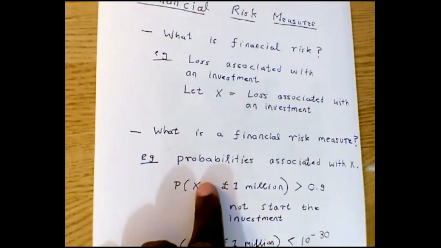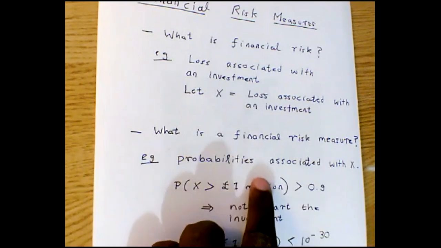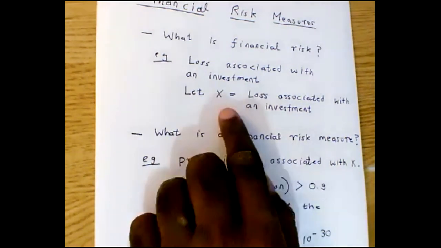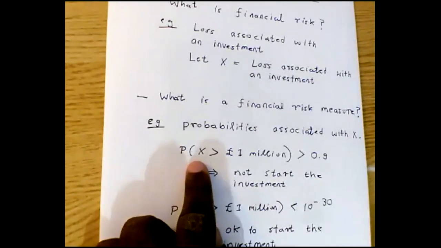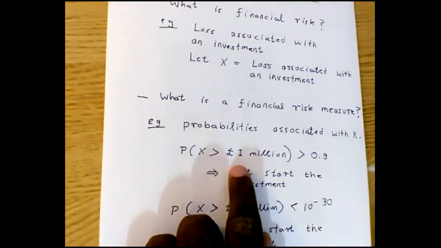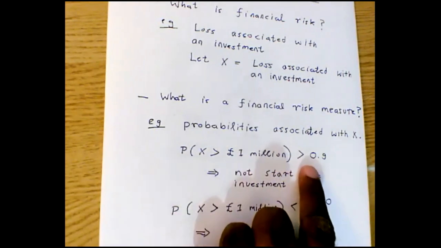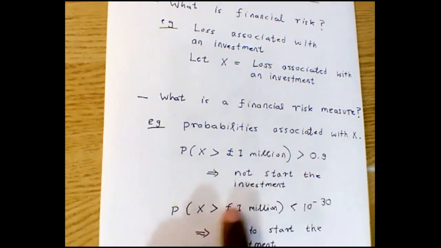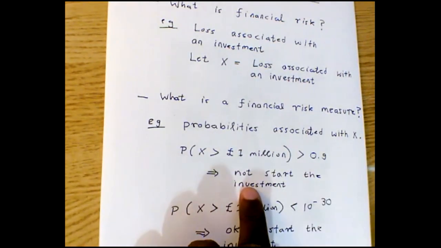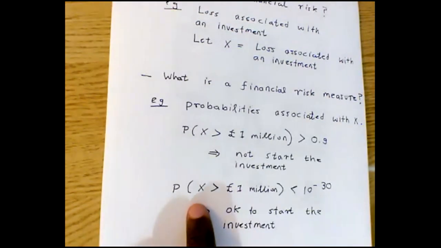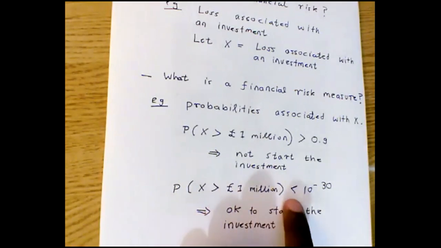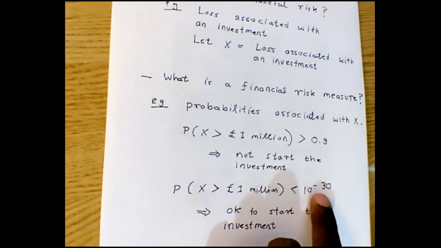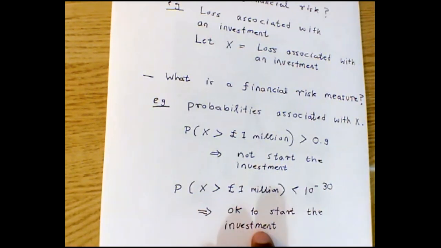One example could be the probabilities associated with the variable X. If the probability that the loss is going to be greater than 1 million pounds is at least 0.9, then it's not a good idea to invest. Whereas if the probability that the loss is going to be greater than £1 million is less than 10 to the power minus 30, which is a very, very small number, then maybe it's okay to invest.